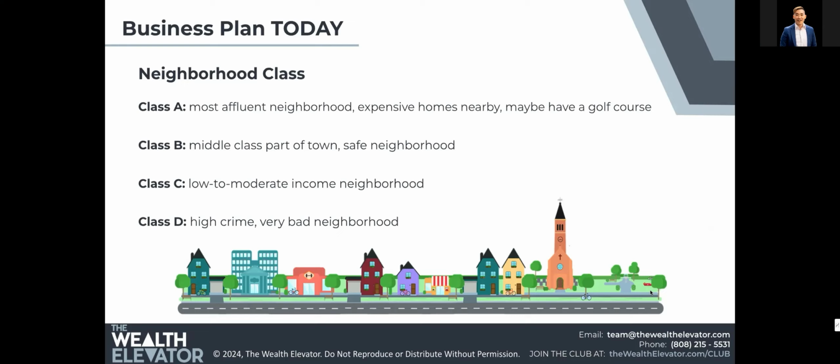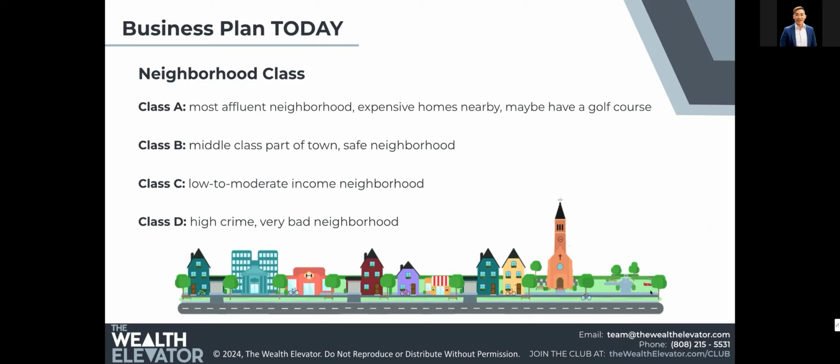First, the Class A is your most affluent neighborhoods. These are your cool places to live. I think a lot of us live in Class A neighborhoods. They're going to have the best school districts. Unfortunately, this is not where you're going to get the best rent to value ratios. Class B is more your middle class part of town. It's still relatively safe.